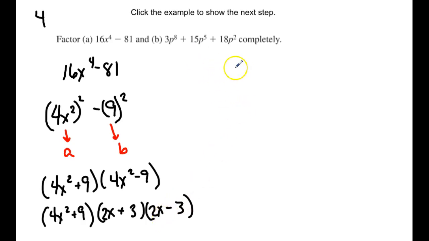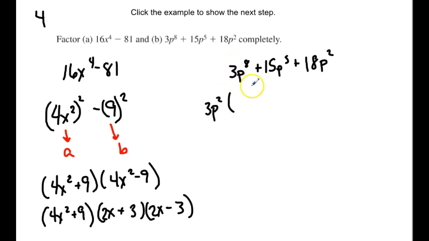So now let's look at part B. I've got 3p to the 8th plus 15p to the 5th plus 18p squared. So the first thing I notice is that each of my terms is divisible by 3. So I'm going to factor out a 3, and I see that in each of my terms I can get rid of some of these p values, right? So I'm going to get rid of 2 of the p's.